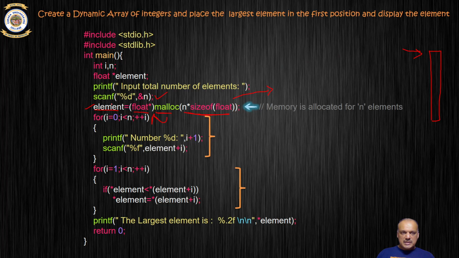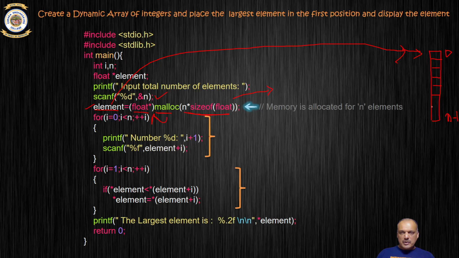This pointer variable points to the n elements or memory locations which are allocated in the heap. That is what this function does. Now I have memory which has been allocated to store n floating point variables.